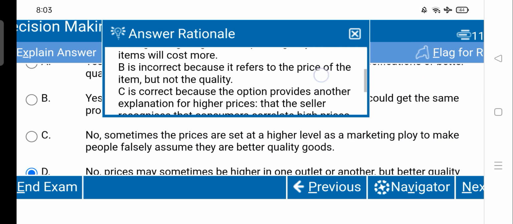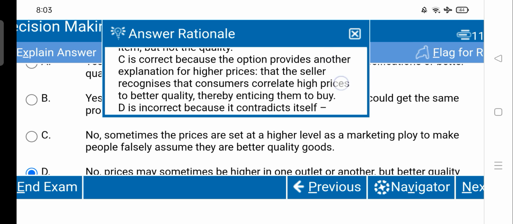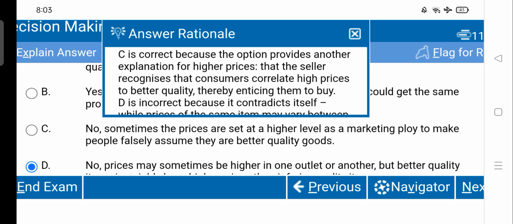C is correct because the option provides another explanation for higher prices, that the seller recognizes that consumers correlate higher prices to better quality, thereby enticing them to buy.